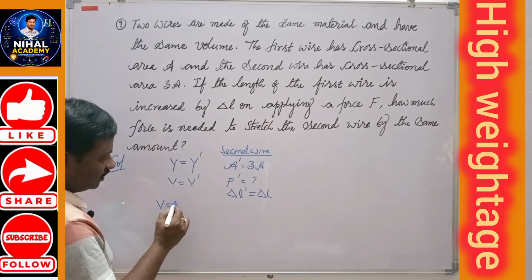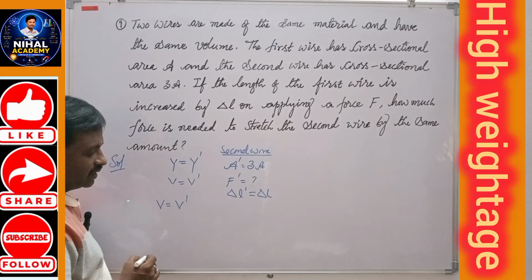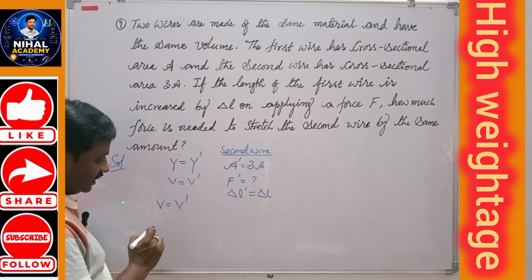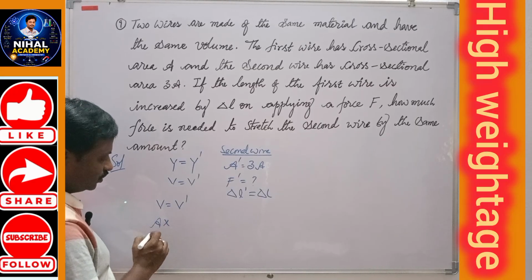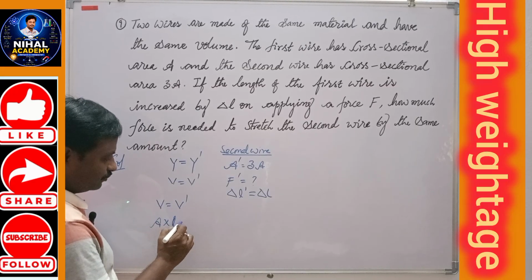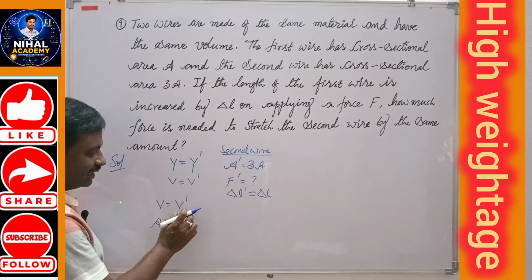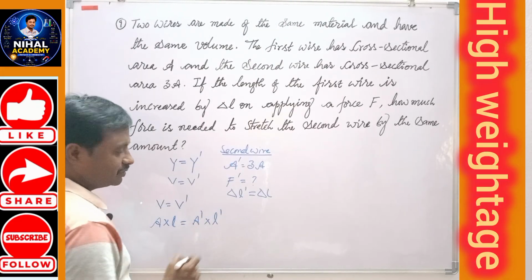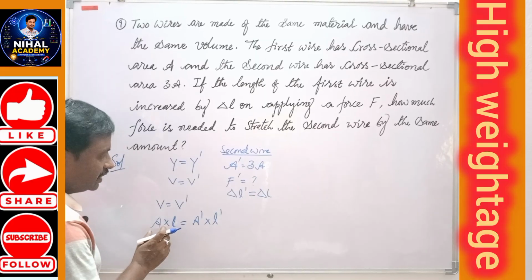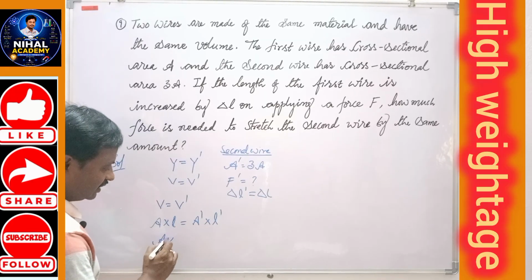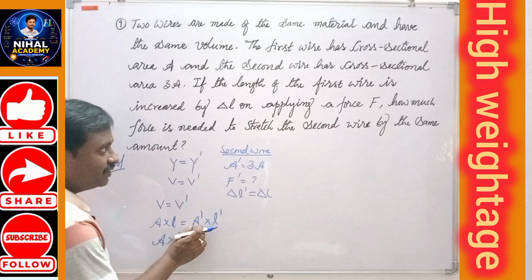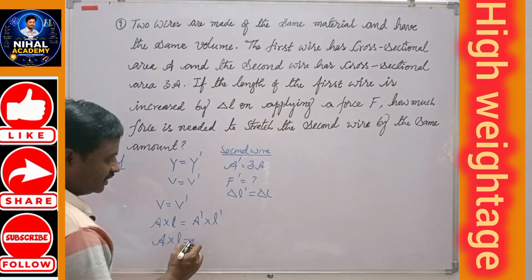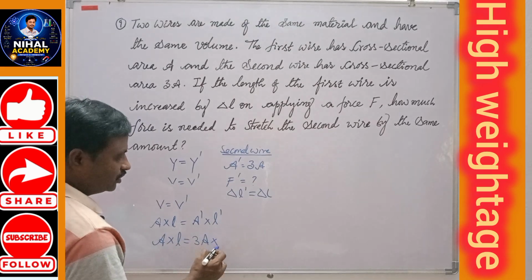Now here we have to calculate the length by using this relation. V is equal to V dash. How can you write the volume? Area into length. So this is the first wire, and for the second wire A dash into L dash. The area of the first wire is A and the length is L, and for the second wire the area is equal to 3A into L dash.